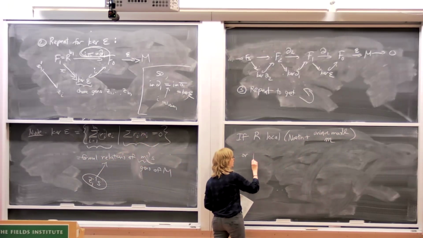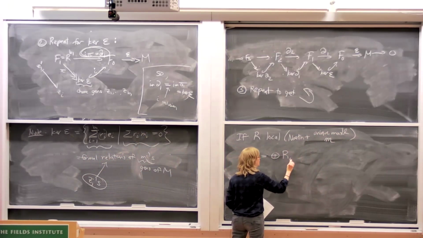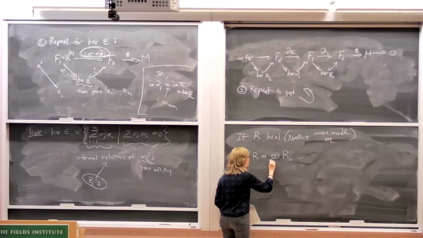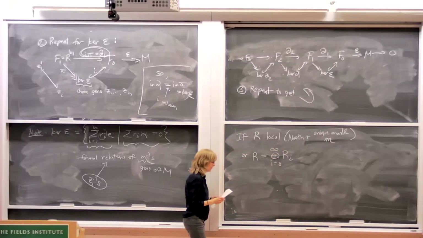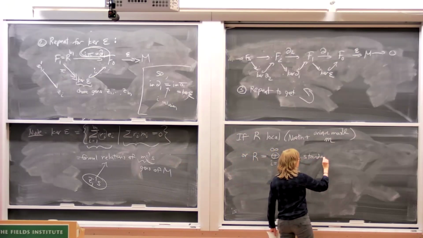I'll talk more about graded rings in a minute, but let me just say now, the other setting is that R is the direct sum of some graded pieces R_i, i equals 0 to infinity. And this is what's going to be called standard graded.